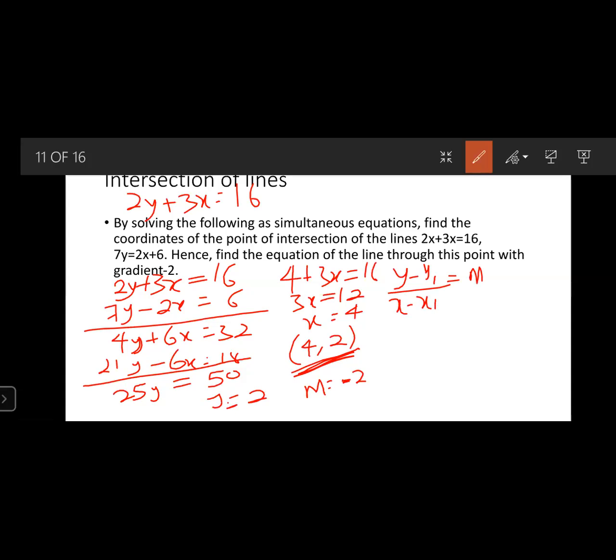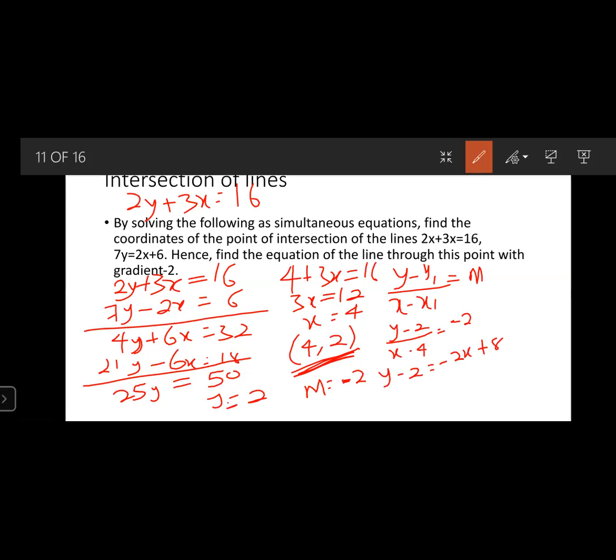So if you apply that, that would be y minus 2 over x minus 4 equals to what? Equals to minus 2. So if you cross multiply, y minus 2 equals to minus 2x plus 8.